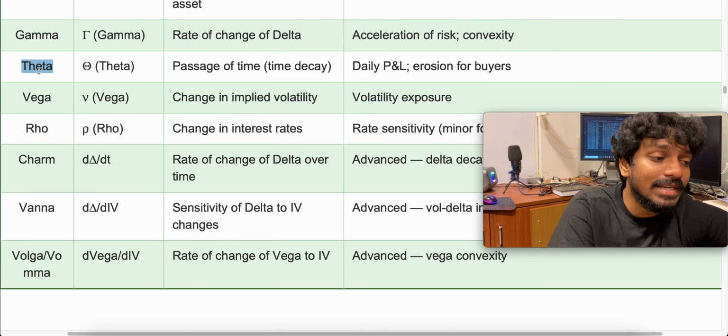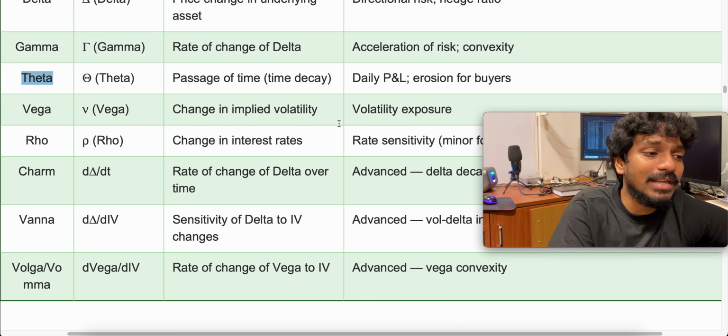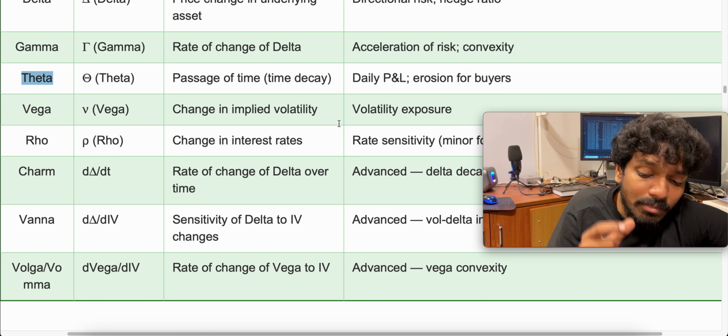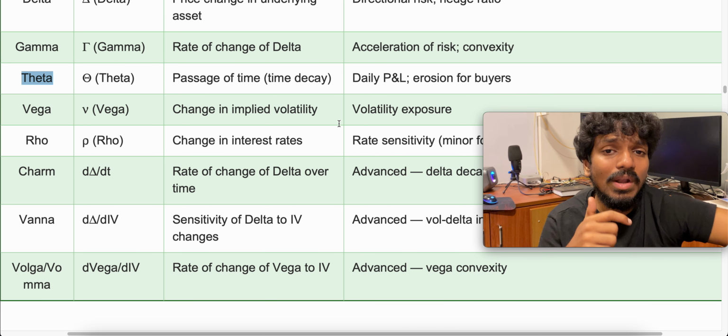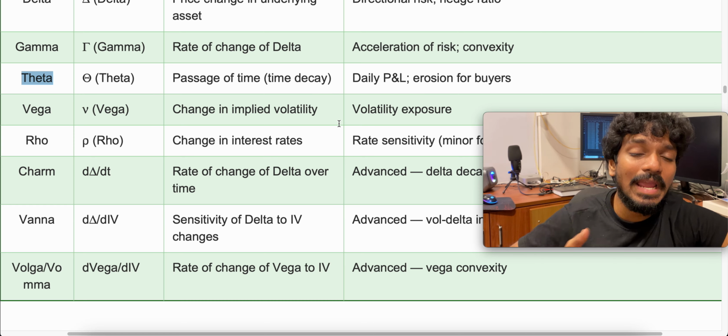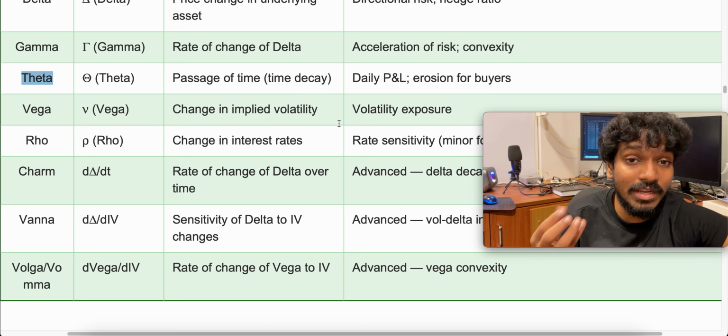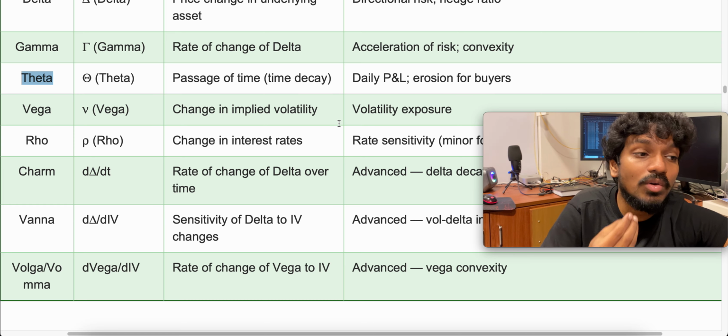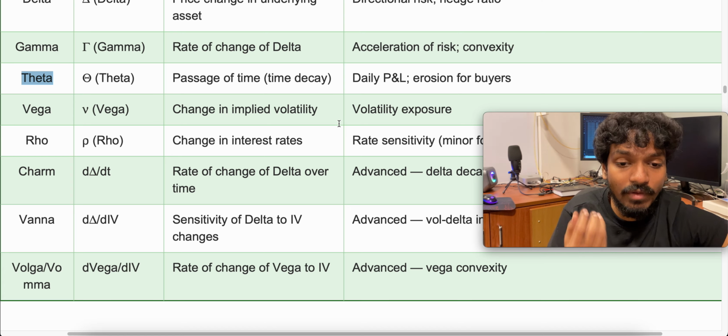And next one is theta. What is theta? Theta is nothing but the time decay. For example, if you are buying a contract, there is something called expiry. If you are holding till the expiry, your money will get drained, it will burn in front of your eyes. It's because of theta. So the theta equation is very, very important.